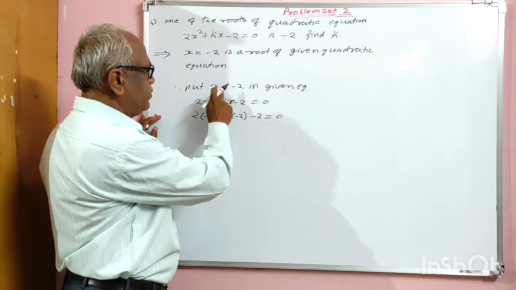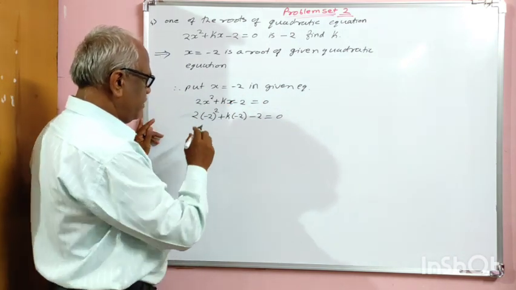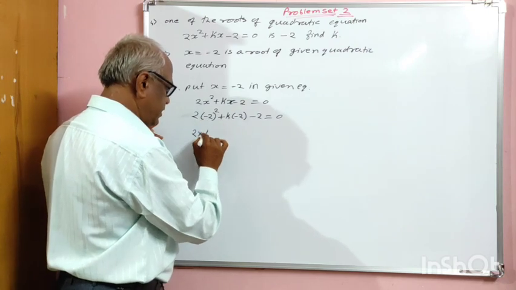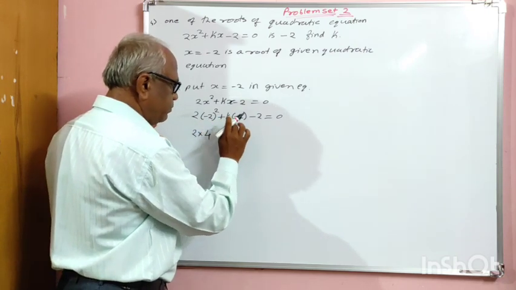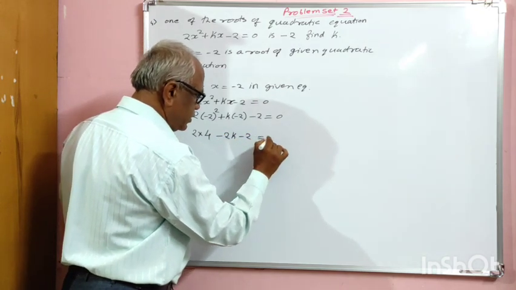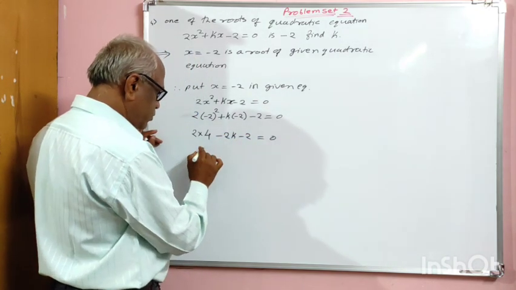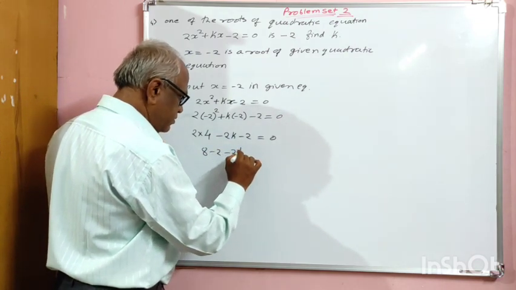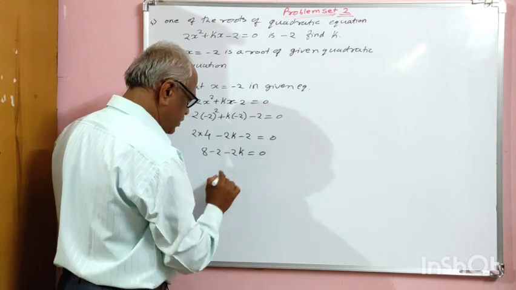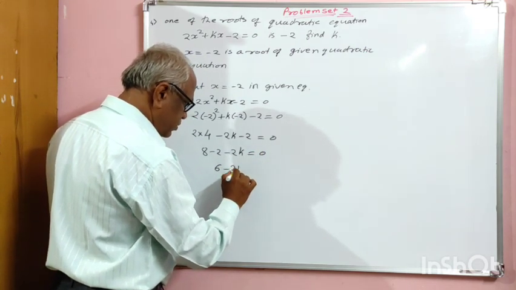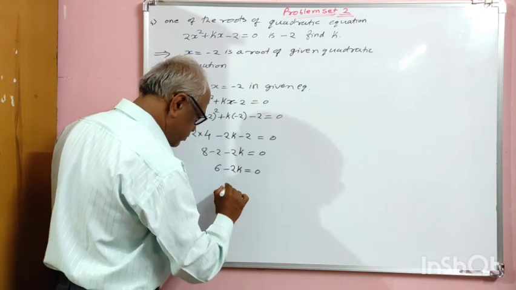Now we substitute the value x is equal to minus 2. This 2 into (minus 2) square is 4 times 2, that is 8. Plus into minus, minus 2k, minus 2 is equal to 0. 8 minus 2 is 6, minus 2k is equal to 0.